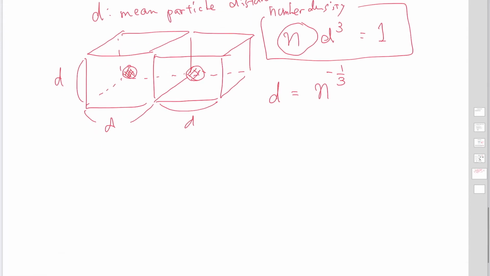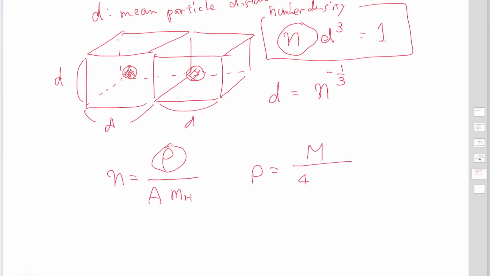N, the number density, is calculated as the density rho divided by the mass number times m_H, the atomic mass unit. You can substitute this N here, but we need to find rho. Rho is the density, which can be calculated as the mass of the star divided by the volume.